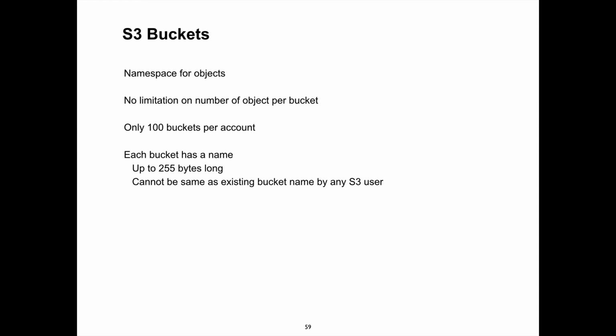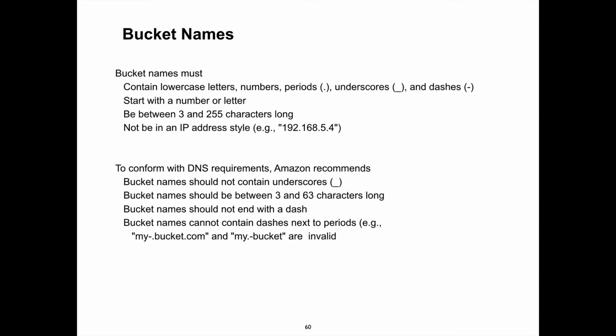And the bucket names, like I said, are a global namespace, and there is a limited number of buckets you can create. And there are various rules on what the names can be.